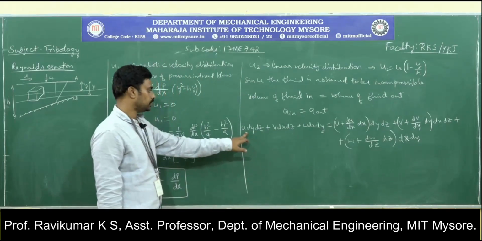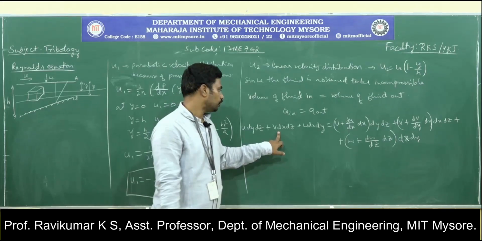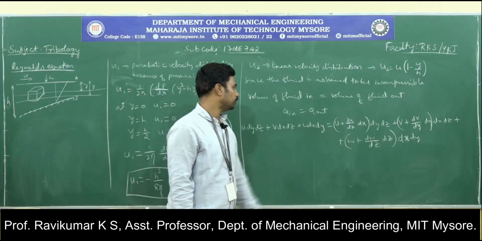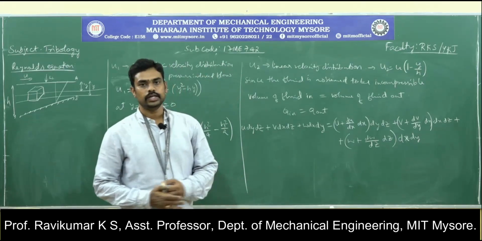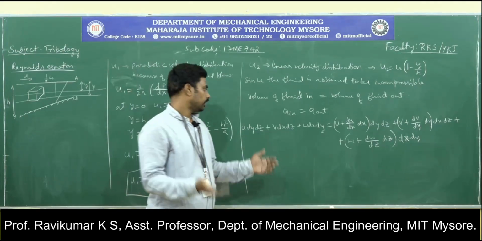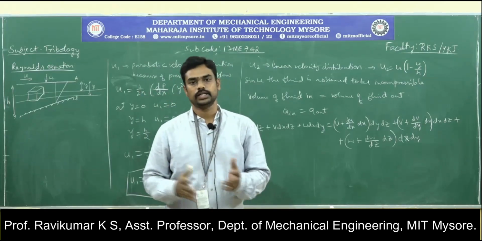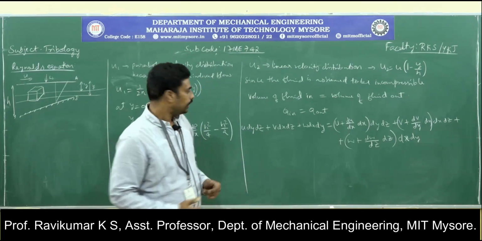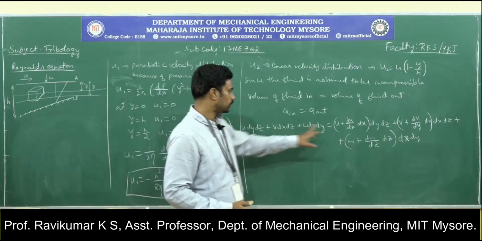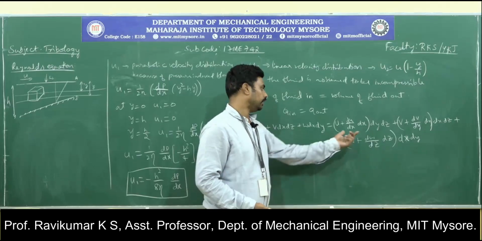So Q into the space is U into dy dz plus V into dx dz plus W into dx dy. As I said earlier, U, V and W are the velocities in 3 different directions, x, y and z. That is equal to U plus du by dx into dx.